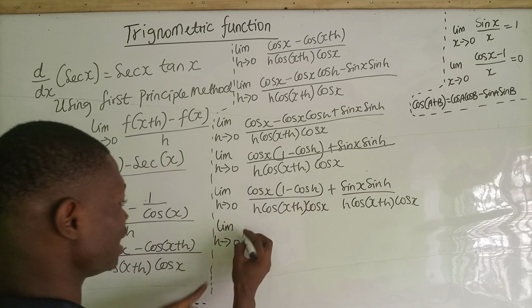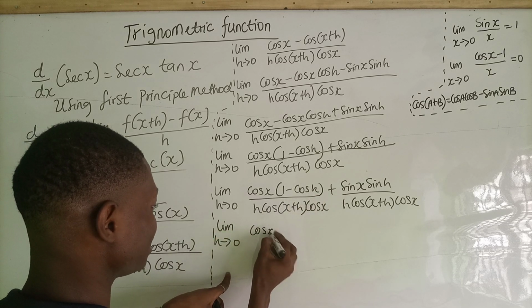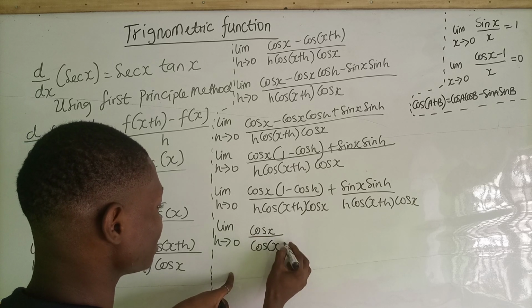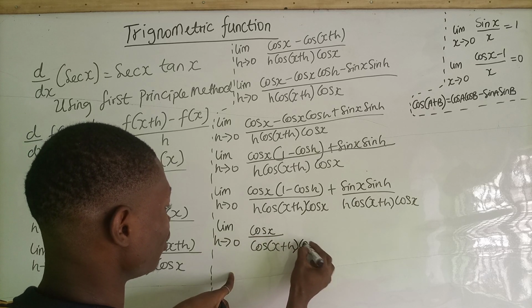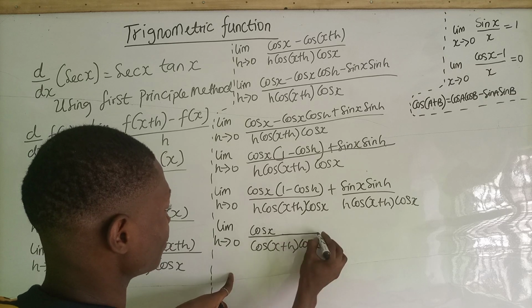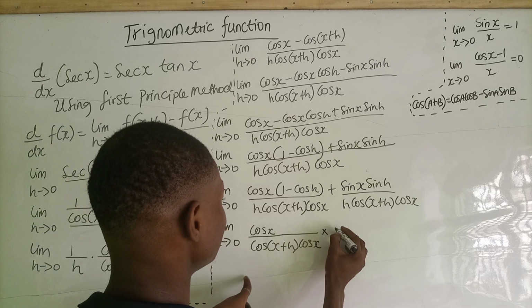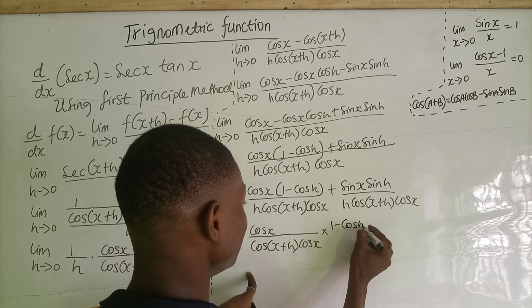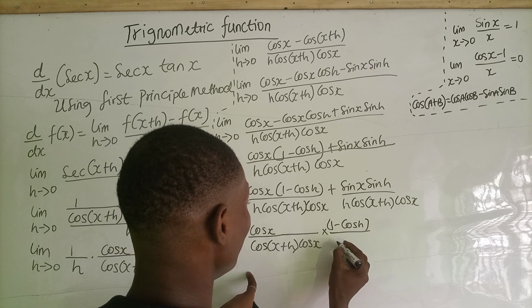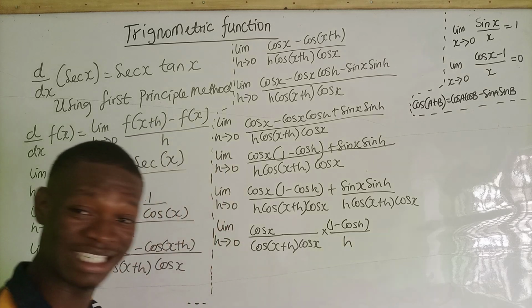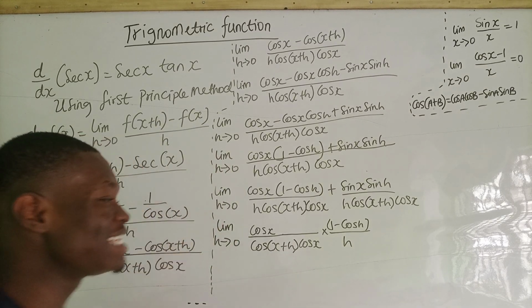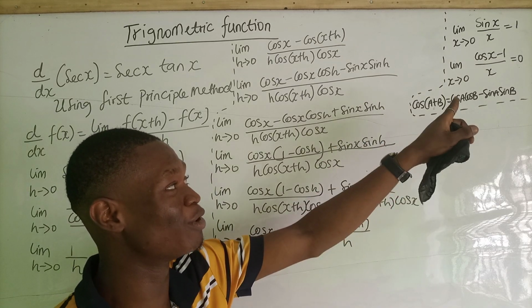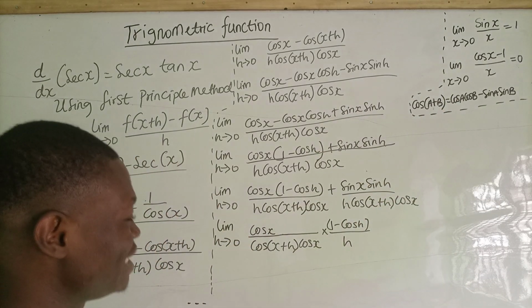Let's just bring this thing out: cos x all over cos x plus h cos x, then times 1 minus cos h, bracket close, all over h. You know the reason I did it like this? I want to get that 1 minus cos h over h is equal to what? 0. So I want to get it here.